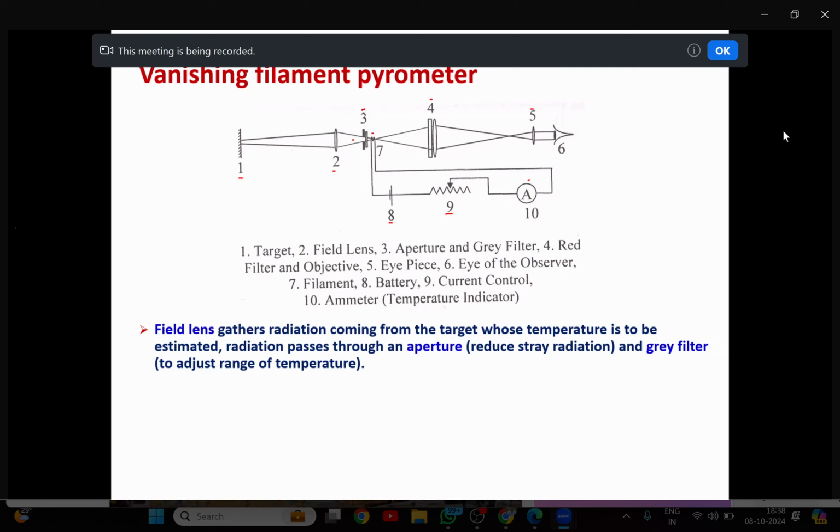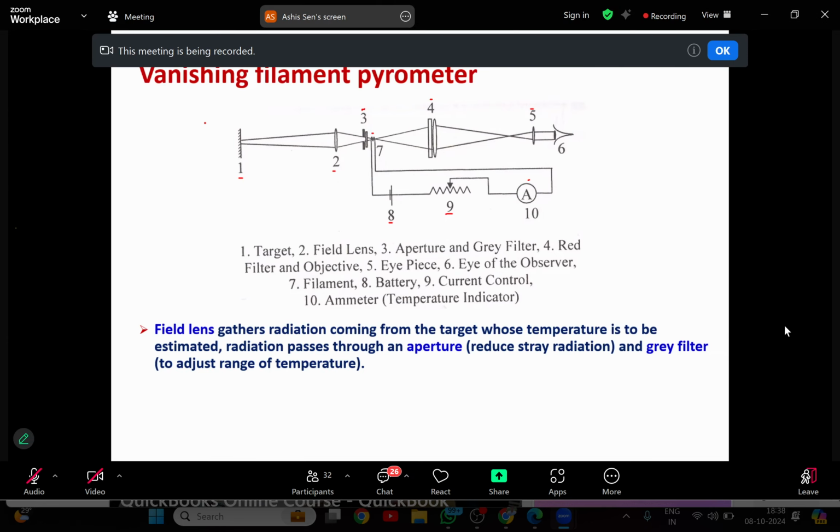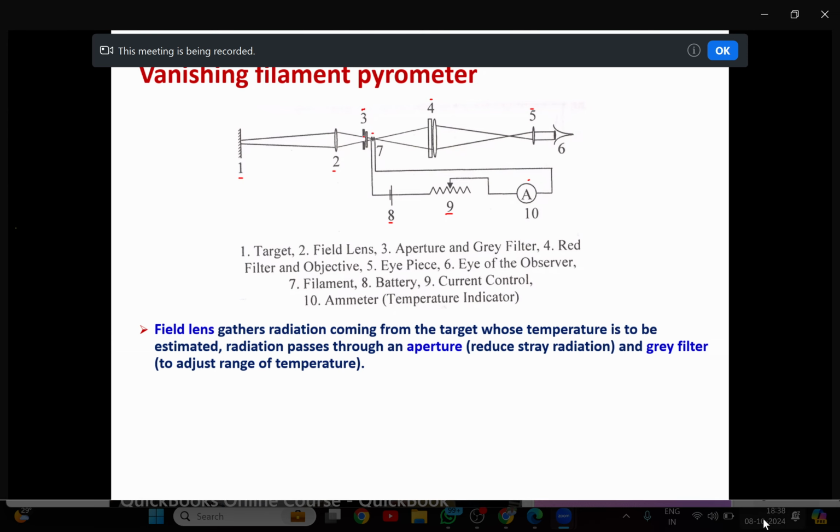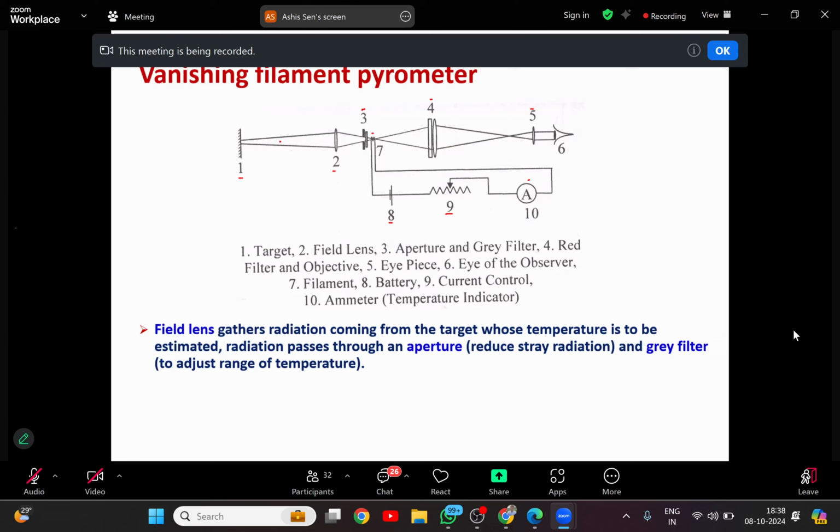So this basically would adjust the range of temperature. Let's say you are measuring the temperature of this, and there is another object here which is at a much higher temperature. The radiation from there should not influence the measurement. So you basically have that gray filter to allow the wavelength of light relevant to the temperature.